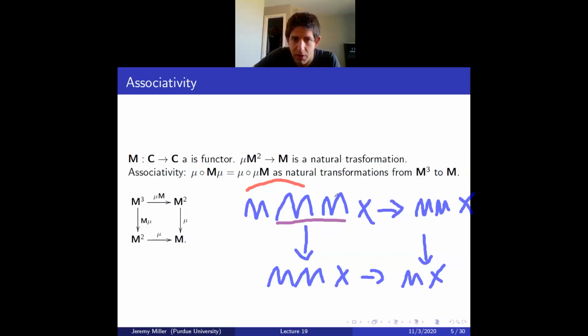So you combine these two terms, or you apply the natural transformation to this composition of functors or to that composition of functors, and it'll end up being the same.